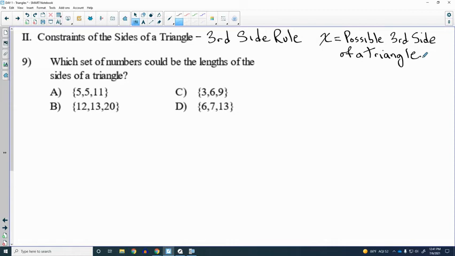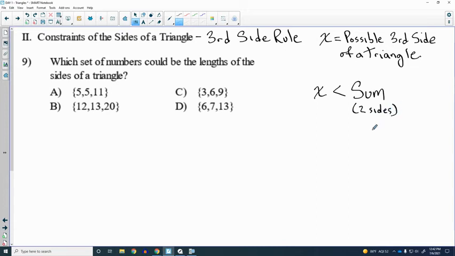Without too deep of an explanation, which I can give when I come back, I'm just going to tell you what the rule states. The rule says that x, the possible third side of a triangle, has to be less than the sum of the 2 sides that you have given to you.